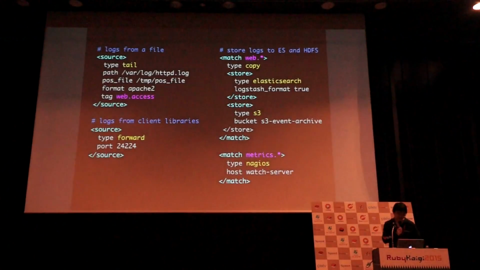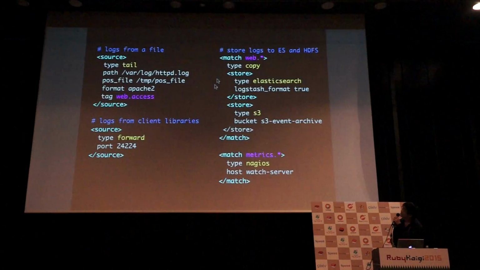This is an example configuration file. The type means the name of the plugin. In this case, the tail plugin reads a file. Then there is another plugin called forward. Then the logs from those sources match one of those output plugins, so this is a network of plugins.